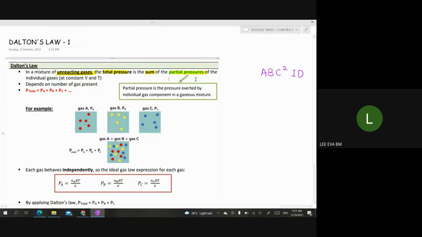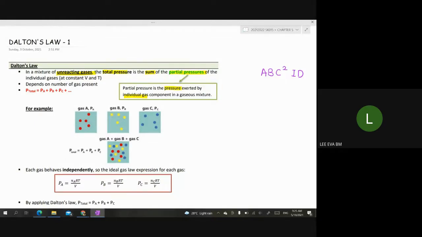The partial pressure here means the pressure exerted by an individual gas inside the mixture. In other words, it's the individual pressure of each gas contained inside the mixture. So that refers to Dalton's law.